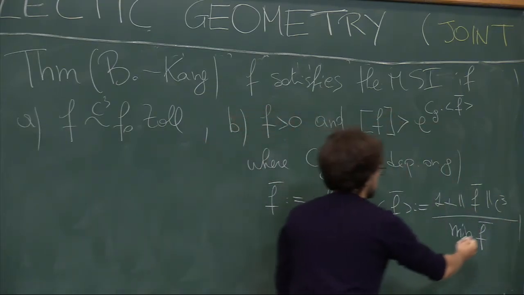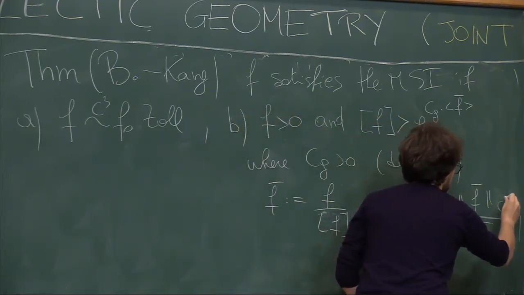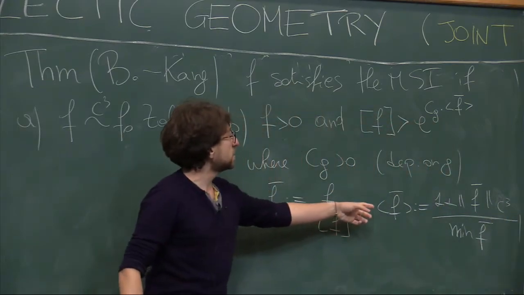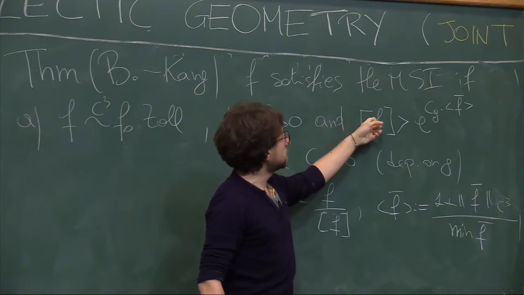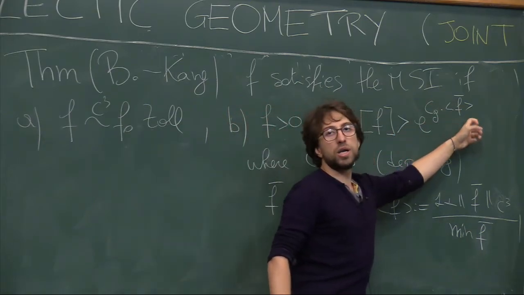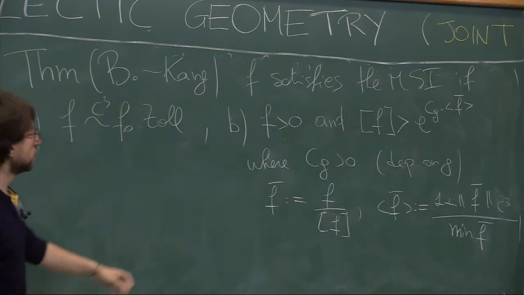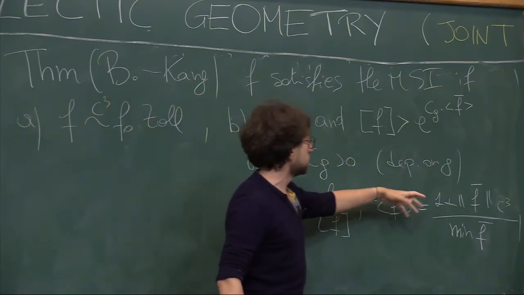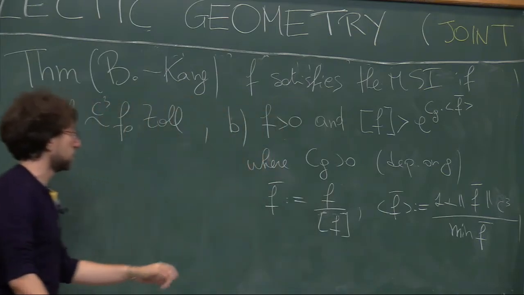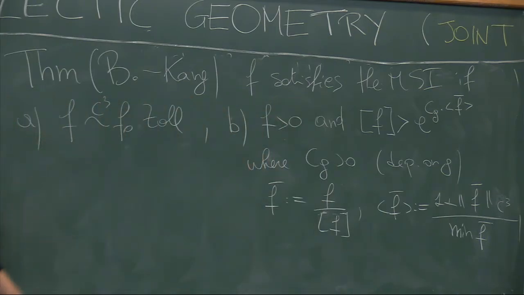Okay, so it's not very important what this is. The message here is that this must be bigger than some quantity which depends only on the renormalized function f bar. And then we can be a bit more precise. In these two cases, then we can get this magnetic systolic inequality.